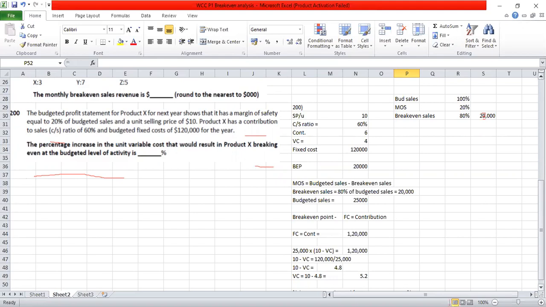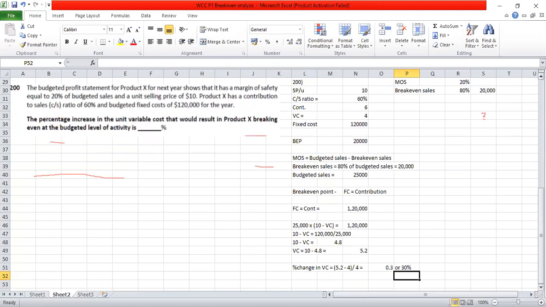So considering 25,000 unit sales, the contribution earned should be equal to the fixed cost. Fixed cost is 120,000, so the contribution should be equal to 120,000. Selling price is unchanged: 10 minus variable cost, multiplied by 25,000 units, is equal to 120,000. So we calculated that if the new variable cost is 5.2, the whole thing will be satisfied.